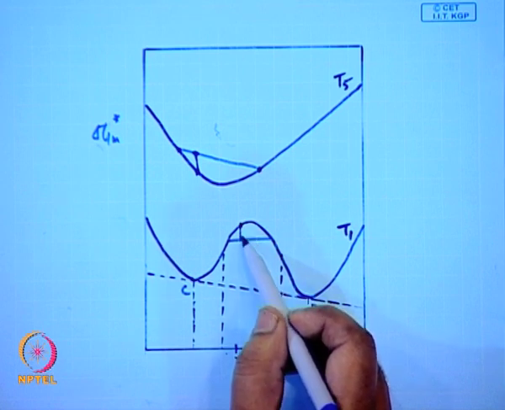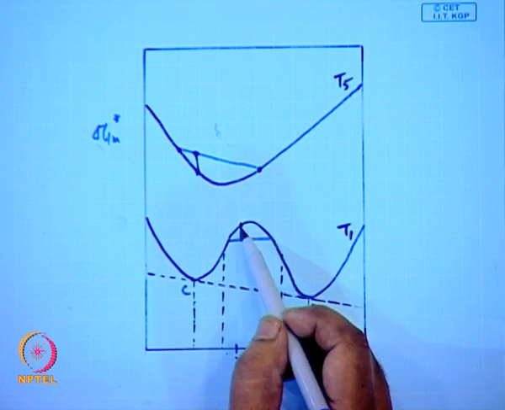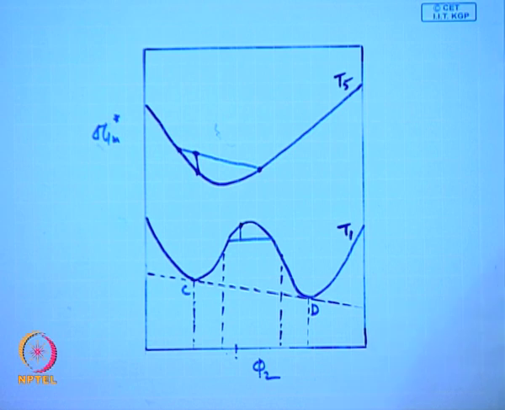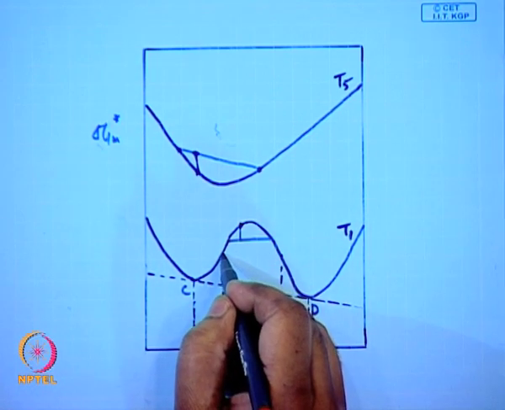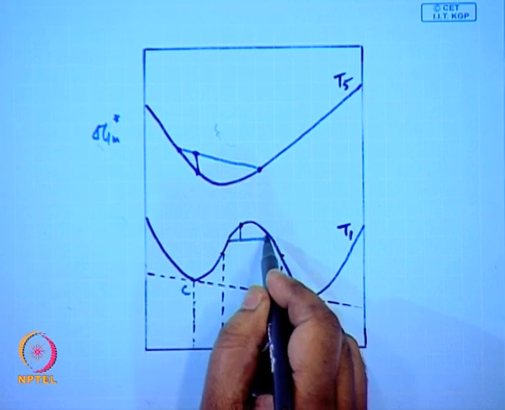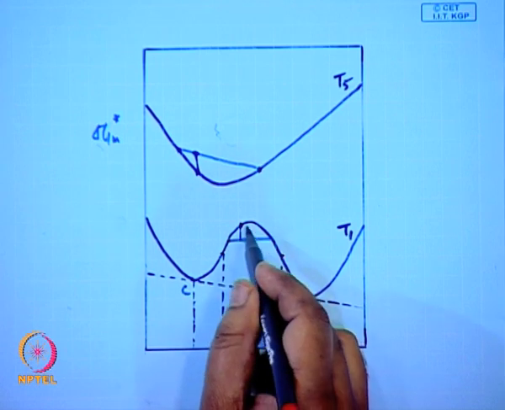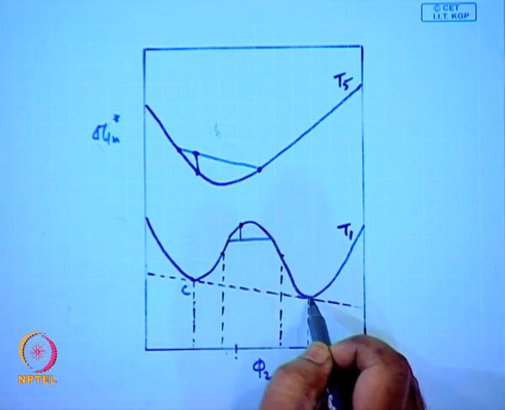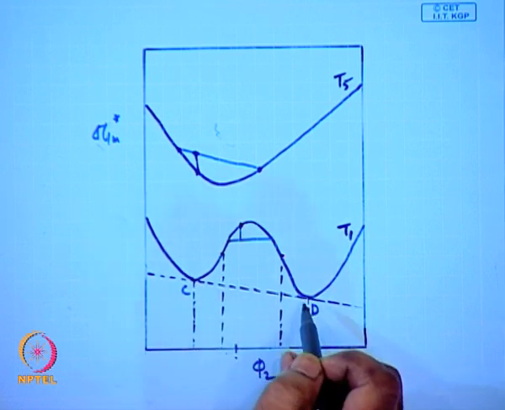Which means that between this point and this point, any composition will immediately phase separate and come to these two points.